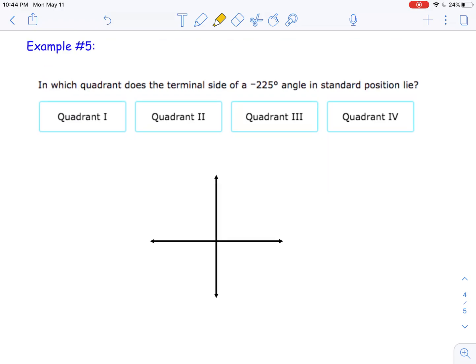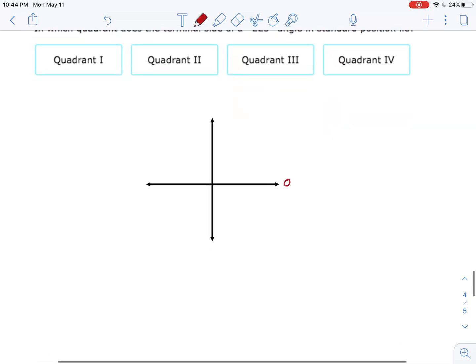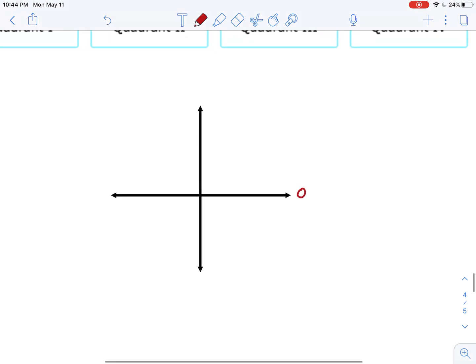Example 5 says, in which quadrant does the terminal side of a negative 225-degree angle in standard position lie? So let's look at our coordinate plane. If we're going in the negative direction, it's going to be 0, negative 90, negative 180, negative 270, negative 360.